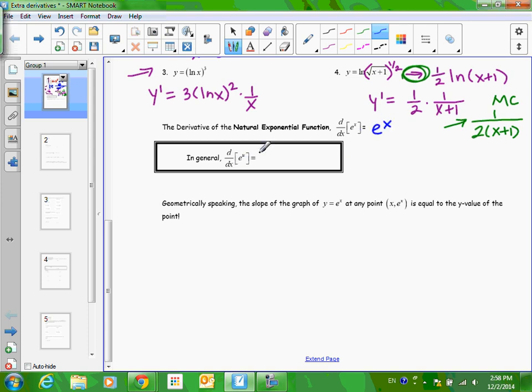So derivative of e to the u is going to be e to the u times, again, we're going to apply chain rule and write times du. What this allows us to do is to take derivative of e to any power we want. Okay, so it's the same times the derivative of the inside. It's an application of chain rule. Okay, this part right here, we already talked about when we were looking at the applet on the computer. So let's go ahead and look at the next page.